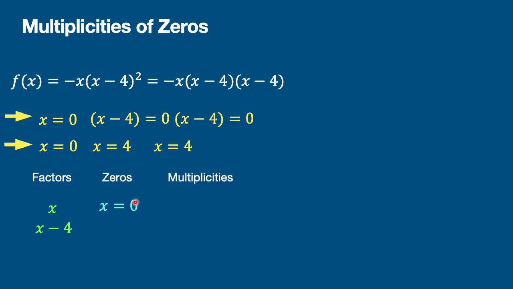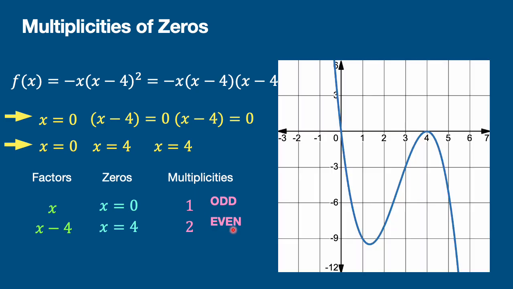X equals 0 is a zero. X equals 4 is a zero. Multiplicity: how many x equals 0? You'll find just 1. How many x equals 4? That's 2. So 1 is an odd number, 2 is an even number.